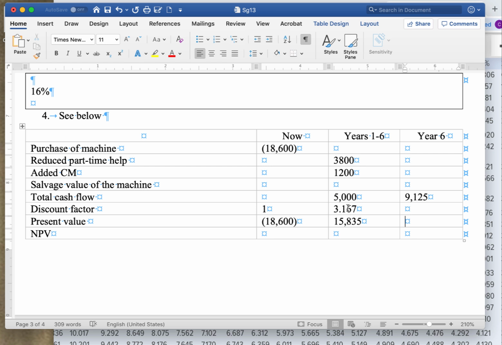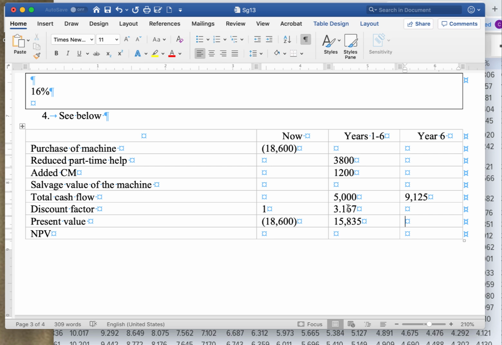So now I've got to take that same 22% at 6 years and find the present value of a dollar factor, and hope that the present value of that $9,125 is going to be enough to get me to $18,600, right?